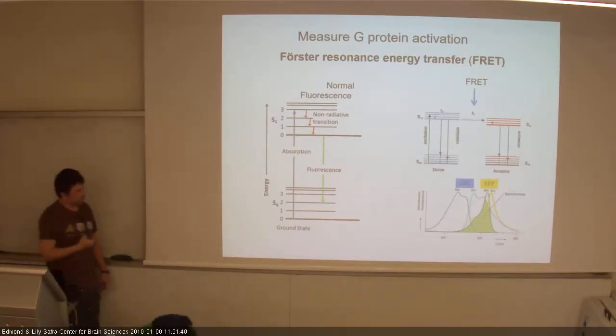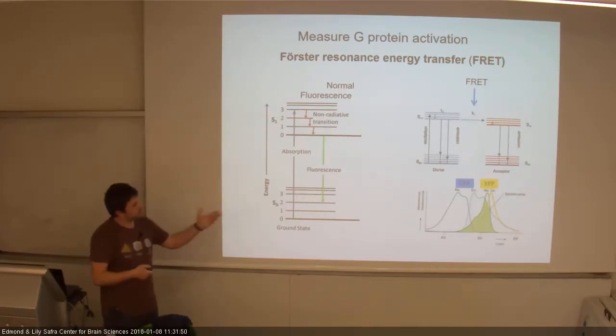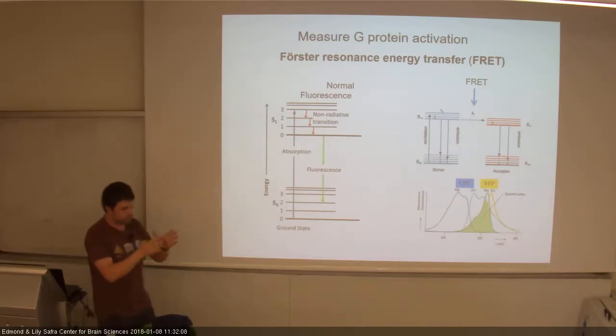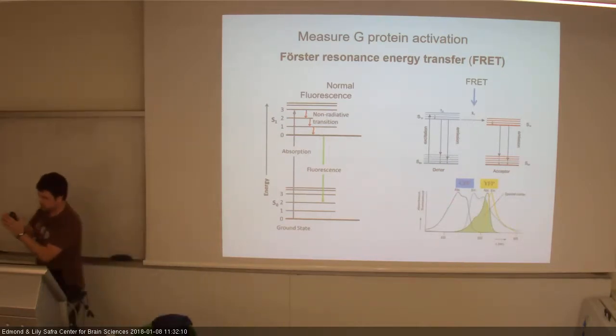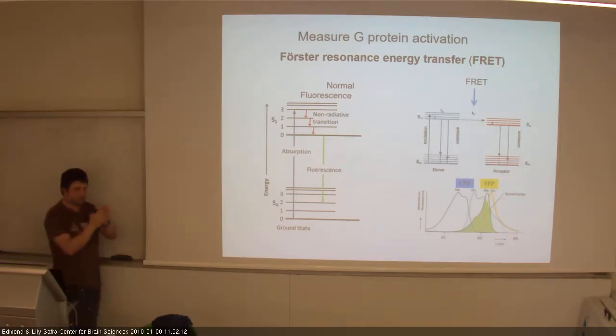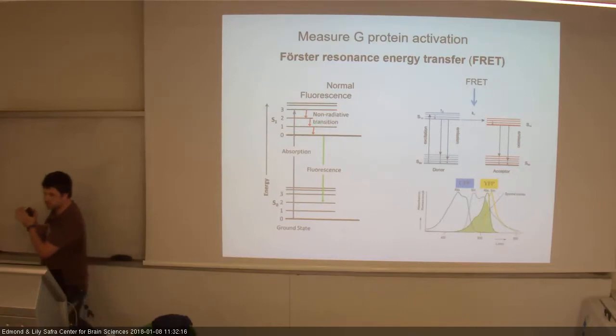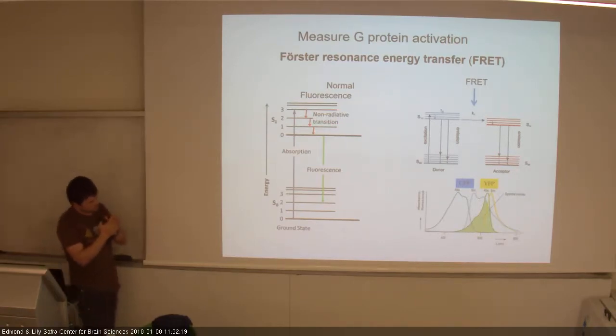Okay, so how exactly can you use these systems in order to measure G proteins? This is done through a physical phenomenon called Förster resonance energy transfer, or FRET, which happens when two fluorophores, or two fluorescent molecules, are in very, very close proximity to one another, meaning less than 10 nanometers apart.